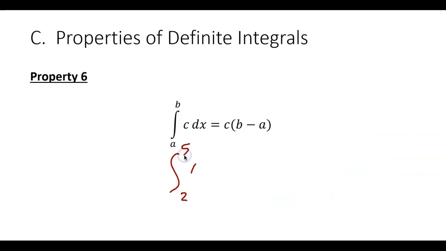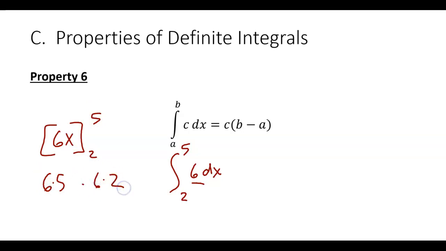So in other words, if I were to give you guys something like this, 2 and 5 and 6, you could do this the hard way, and you could integrate that and get 6x. And then you could do 6 times 5 minus 6 times 2. And you would get 30 minus 12, which is 18.